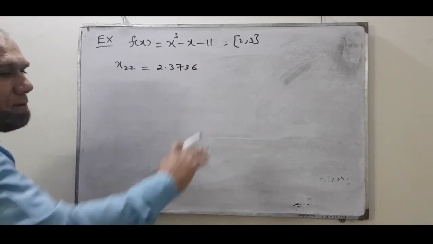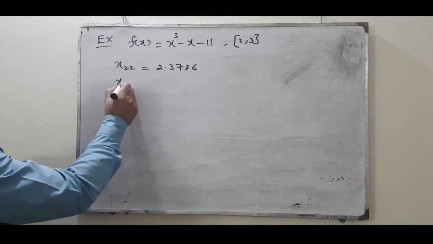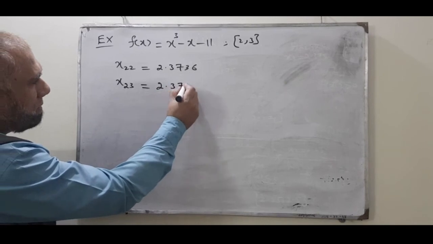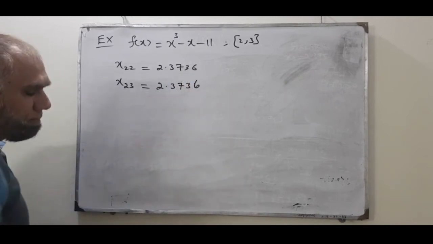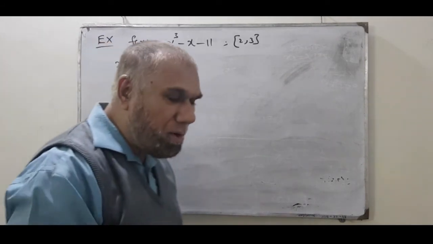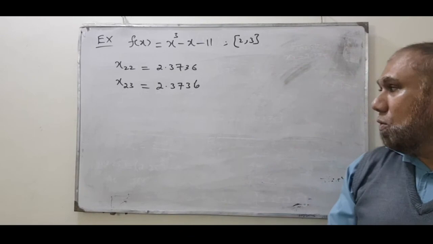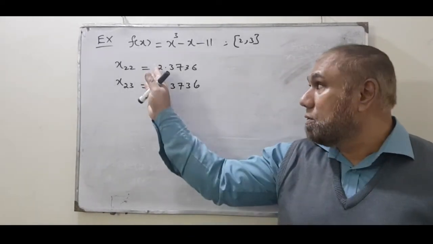After one more iteration, you will get the same result up to 4 decimal places. But when you increase the number of decimal places, you will see the difference between these two results. Since we are keeping all calculations up to 4 decimals, these two look the same.